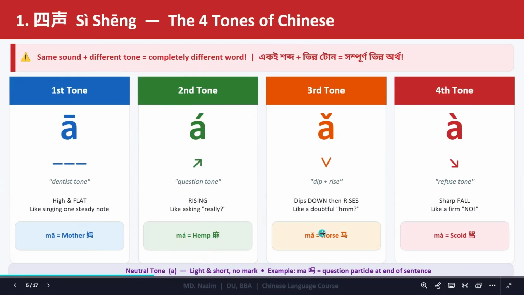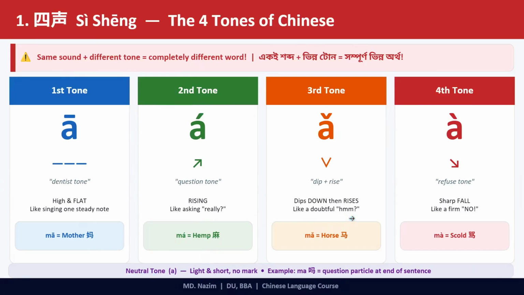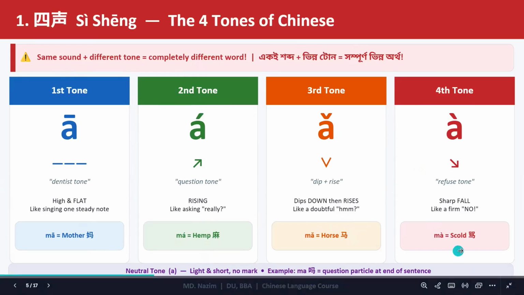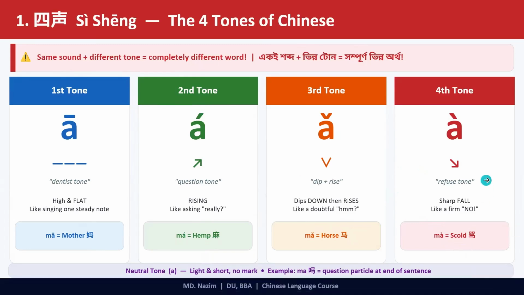But if we use third tone, it means horse. If we use fourth tone, that means scold in Chinese. Okay, got it? If you have any questions, leave a comment in our comment box.